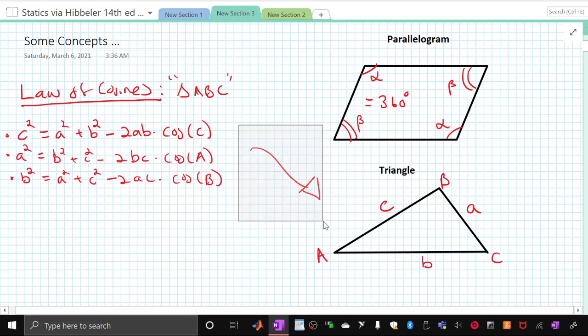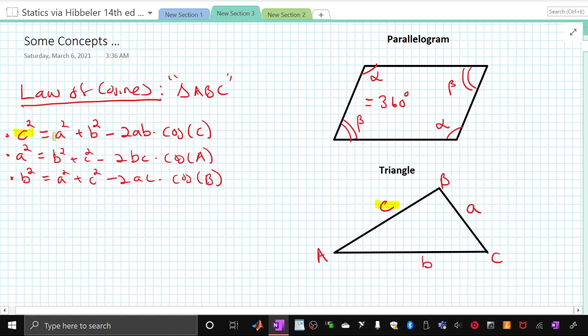Now regarding the law of cosines, an intuitive way of visualizing how it works is that it is basically like the Pythagorean theorem. One side squared is going to be equal to the sum of the squares of the remaining two sides. So you choose c squared, and the remaining two sides are a and b.